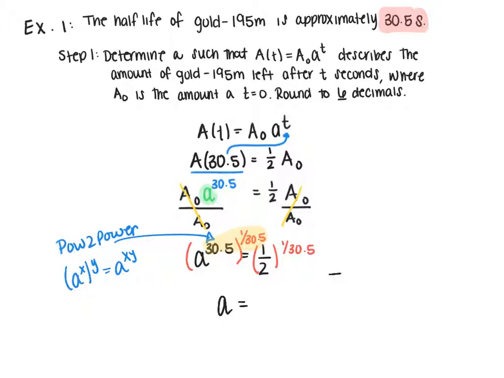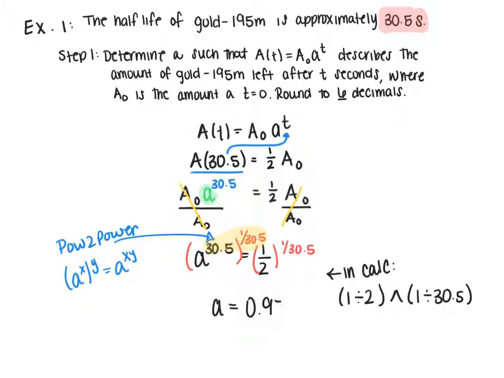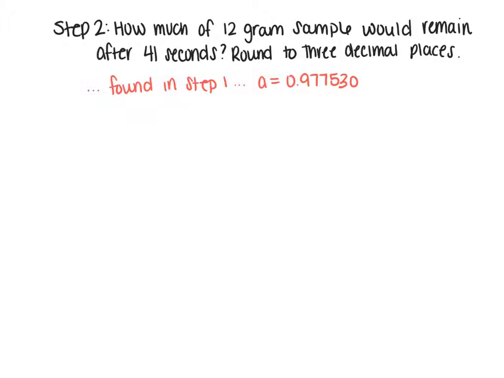On the right-hand side, you type that into your calculator and you'll get 0.97753. It says round to 6 decimal places, so that will be your A value for step 1.